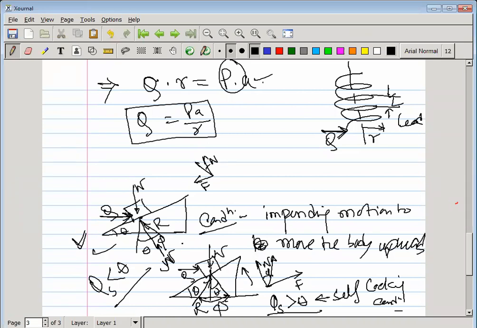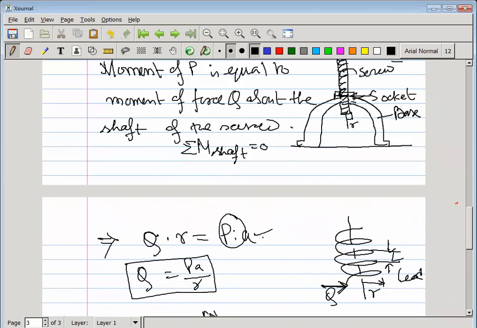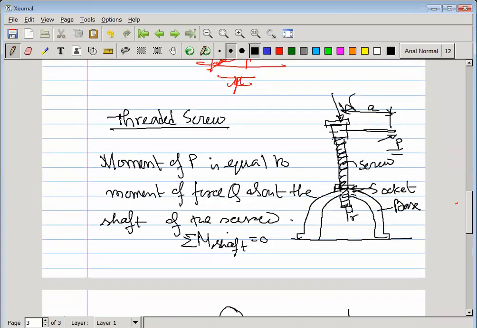Anyone have any query up to this? Have you understood or not?